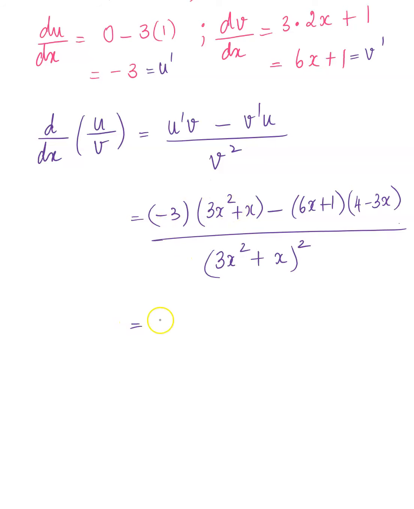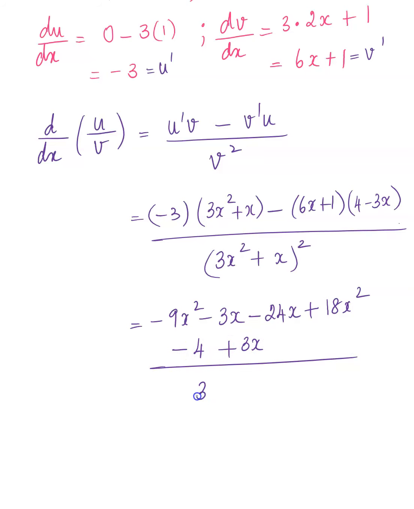Alright, so that has to be distributed. That gives us negative 9x squared minus 3x. Then remember the minus outside when you FOIL. So that's going to be minus 24x plus 18x squared minus 4 plus 3x, all over 3x squared plus x, the whole squared.